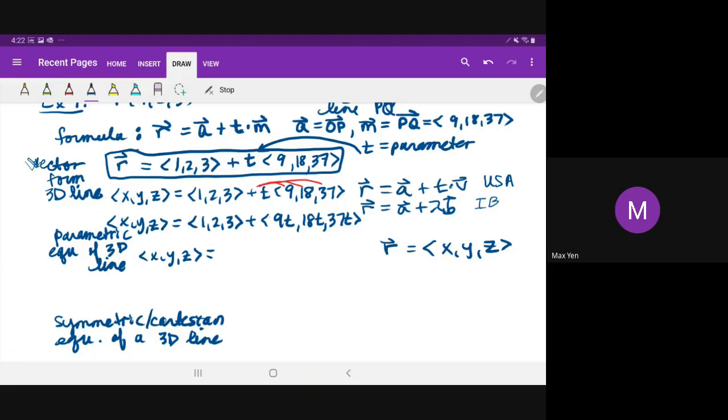Anyone? I'll write a hint, a structure hint. What do you think?